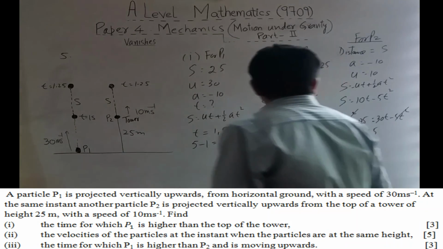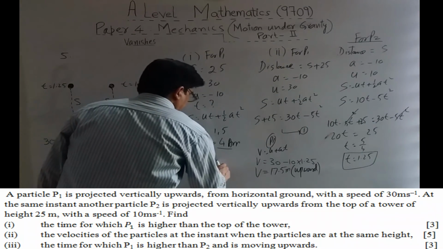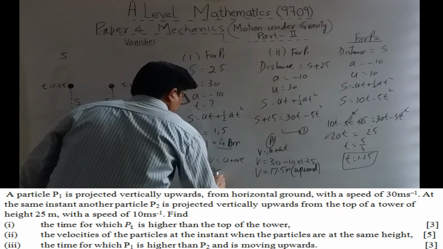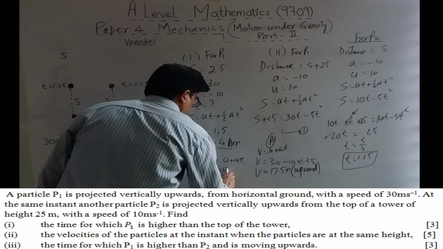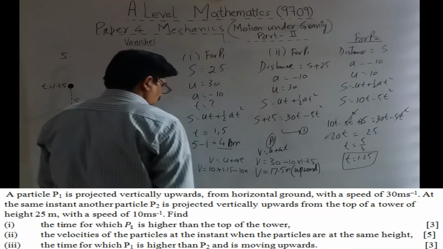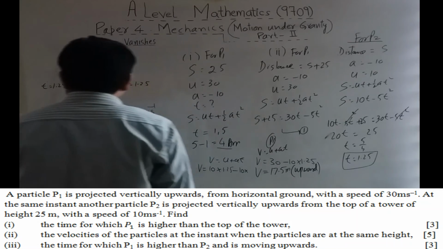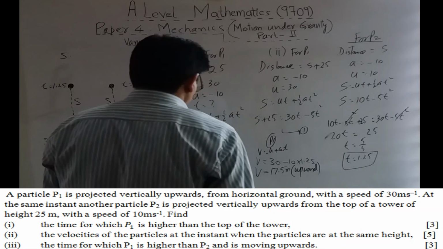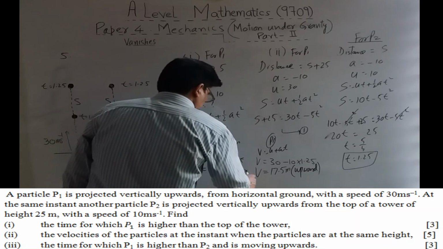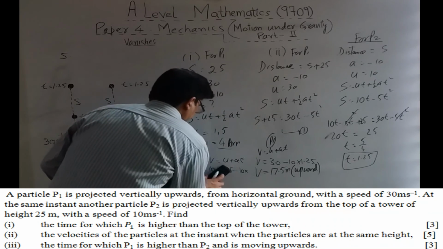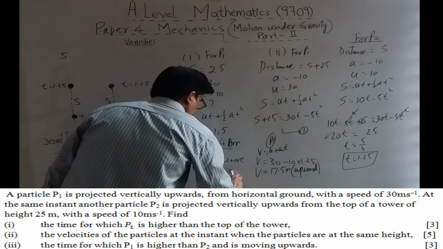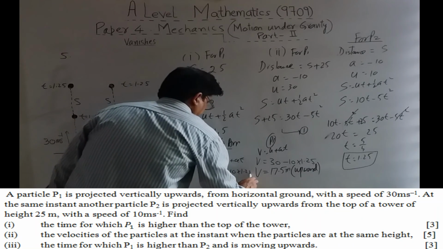Then to find the velocity of P2, again v is equal to u plus at. Initial velocity of P2 is 10. So v is equal to 10 minus 10 into 1.25.